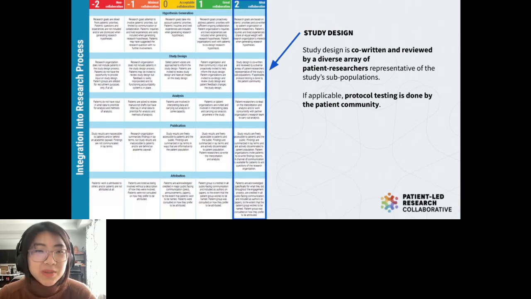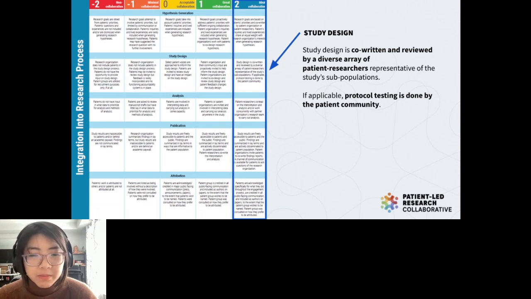So going down the process from hypothesis generation to study design. Study design for our internal projects is co-written and reviewed by a diverse array of patient researchers representative of the study's populations.